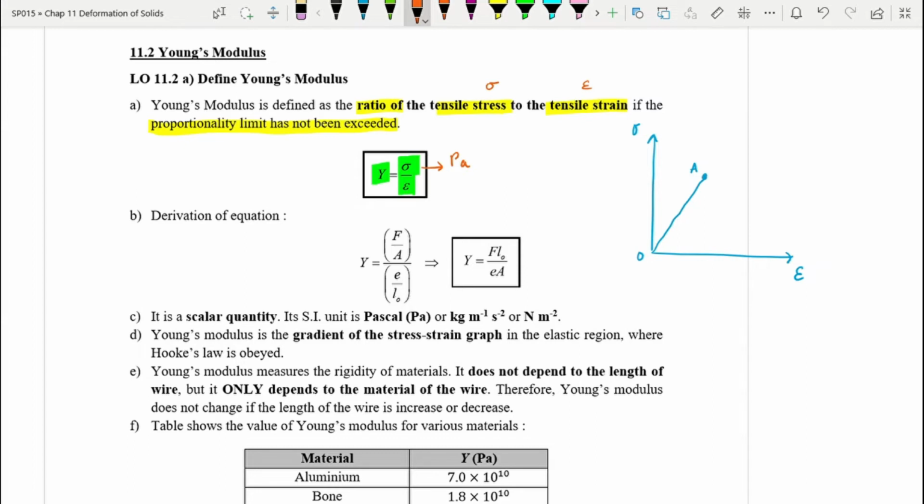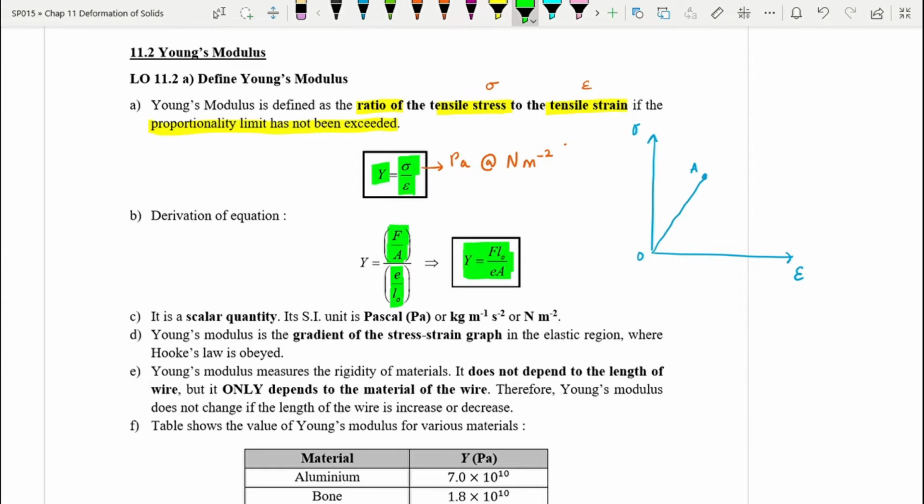So Young's modulus has the unit of Pascal, or the unit for stress, N m^-2. If we expand the formulas for stress and strain, stress is force perpendicular to the cross-sectional area, force over area, divided by extension over original length. We rearrange the formula until we get Y equals F L naught over e A. All these quantities still apply as in the definitions of stress and strain.